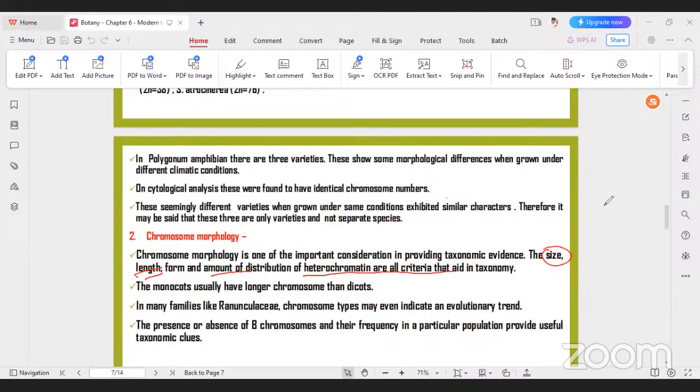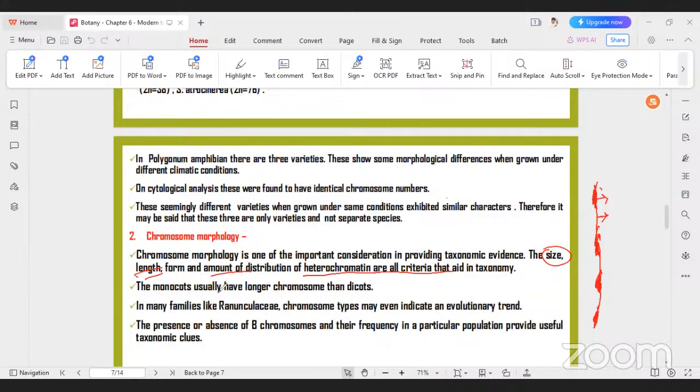If you take the chromatin, in this there is a dark color region and light color, and again dark color, light color, dark color. So the distribution, this dark color heterochromatin, light color euchromatin, and this dark and light color combination is also utilized for taxonomic classification.